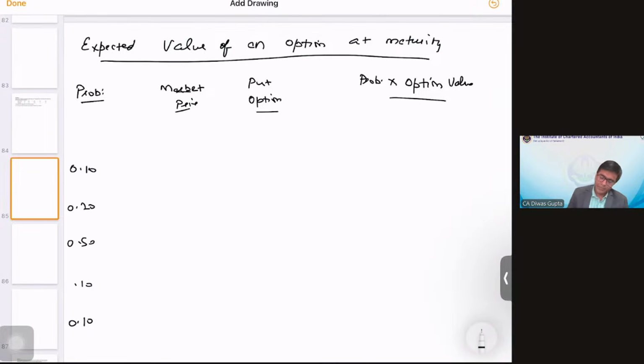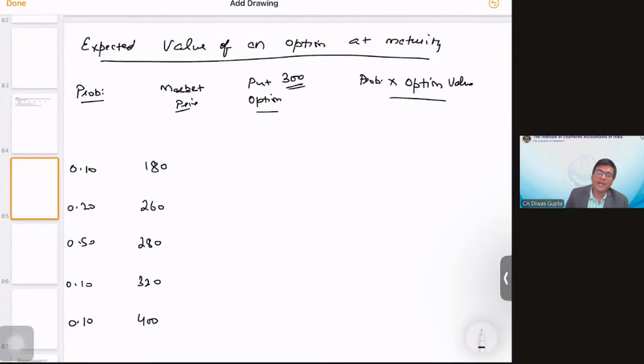What are the different market prices? 180, 260, 280, 320, 400. If the put option strike price is 300, that means what?